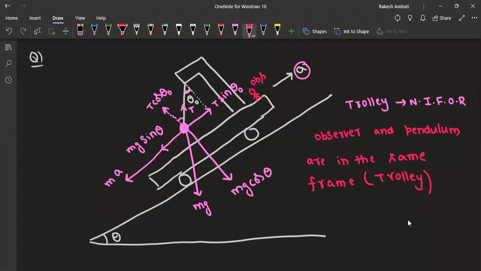Therefore, with respect to the observer, the pendulum will be at rest.